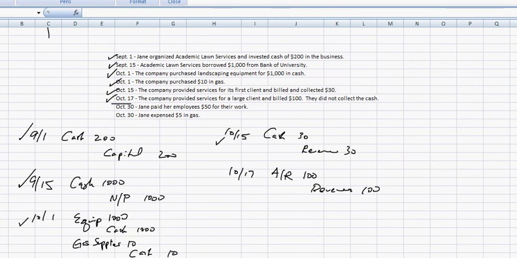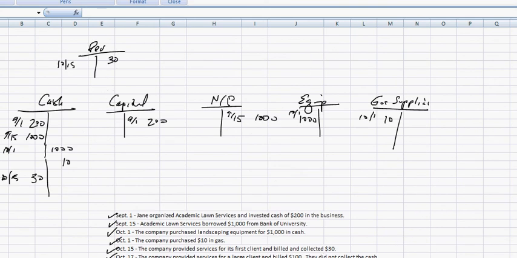And then on 17 of October we have revenues of $100, and we have a new ledger. On 10/17 we have $100 in accounts receivable.